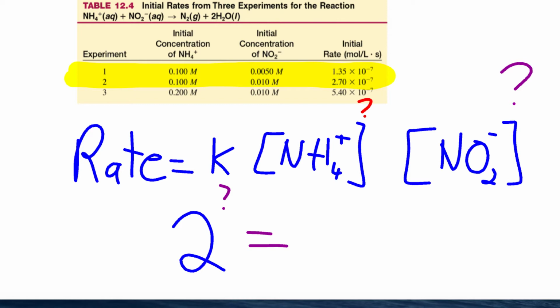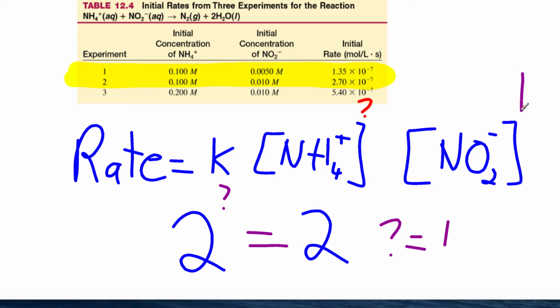Sounds to me like the rate doubled. So all you have to do is ask yourself, 2 to what power is equal to 2? And it turns out that question mark is equal to 1. So we can go ahead and come in here and fill in a 1. So we know it is first order with respect to nitrite ion, NO2.